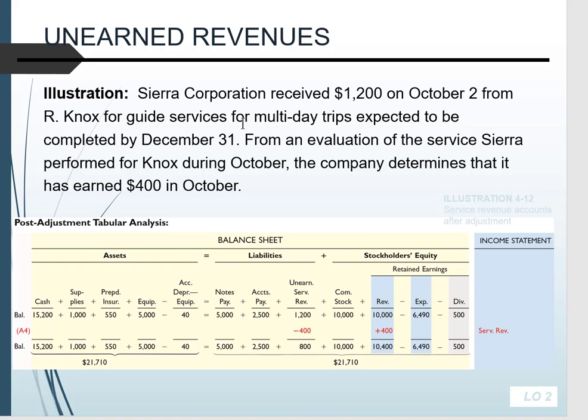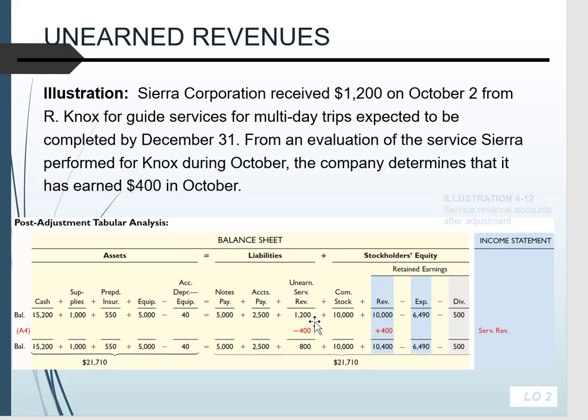Okay, so how does this happen again? We received $1,200 for services for trips, right? The company determines that it's earned $400 of that $1,200 in October. So again, where does that go, right? Here's our unearned services. We've already recorded the $1,200.